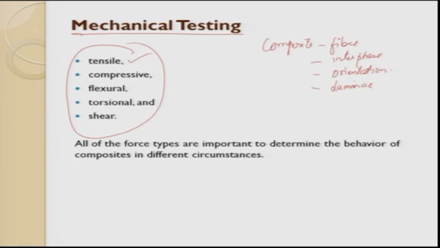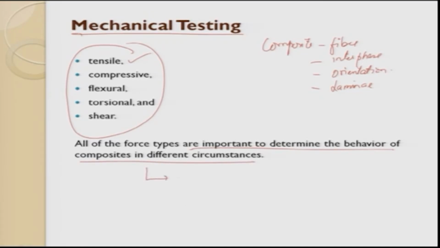So tensile is most commonly used. In homogeneous metal, there is a relationship between tensile and compression, tensile and flexural, tensile and torsion, and tensile and shear is also possible. But here in composites, every test is conducted to get a sound product. All the force types are important to determine the behavior of the composite in various circumstances.